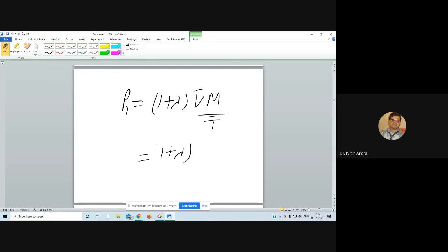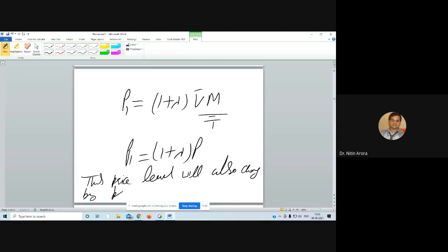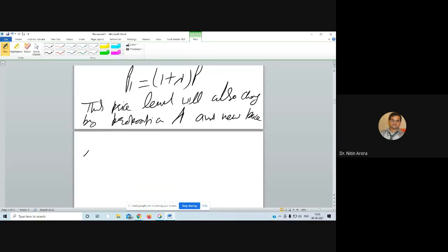Thus, the price level will also change by proportion lambda, and the new price level is P1 is equal to 1 plus lambda into P.